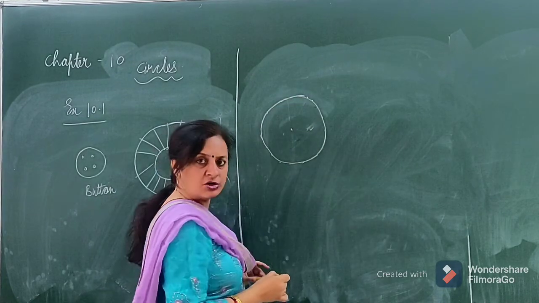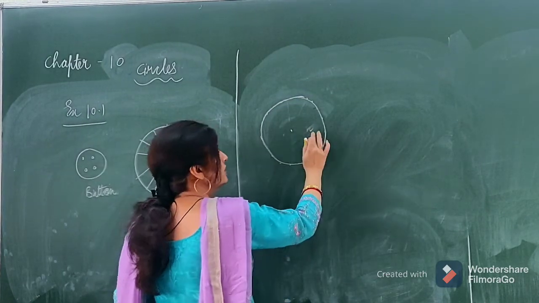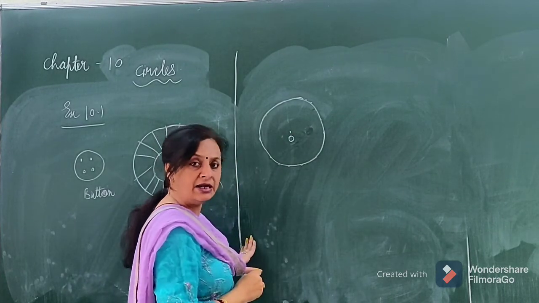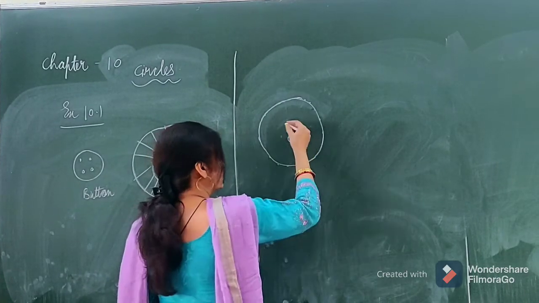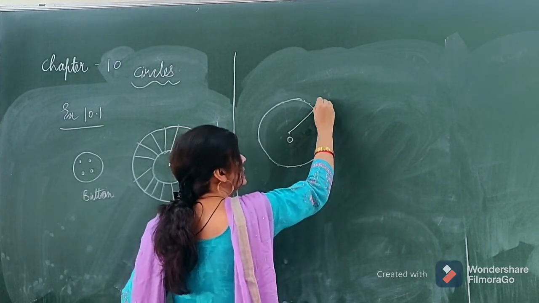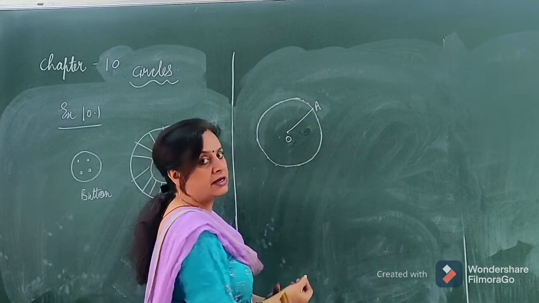So this is the collection of the points which are at a fixed distance from a fixed point. This fixed point O is known as the center of the circle, and this fixed distance is known as the radius. So here OA is the radius.